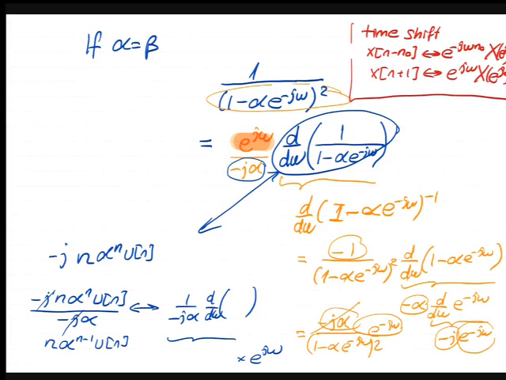And so what I already have here times e to the j omega would come from this signal, except that it has to be shifted to the left. So it's going to be n plus 1, alpha to the power n. It was n minus 1, now I added 1, it became n. And u of n plus 1.